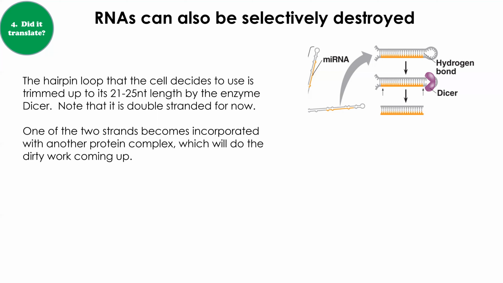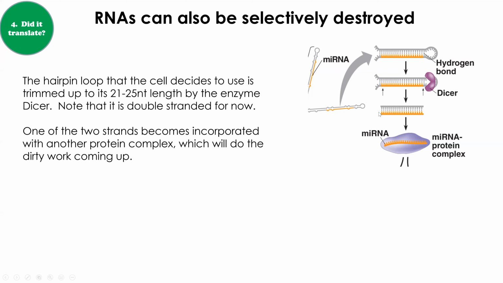For now, it's double-stranded. Okay, the fact that it formed this hairpin loop is necessary for dicer to recognize it and for it to be eventually made as part of this protein complex, but we actually only need a single-stranded thing.